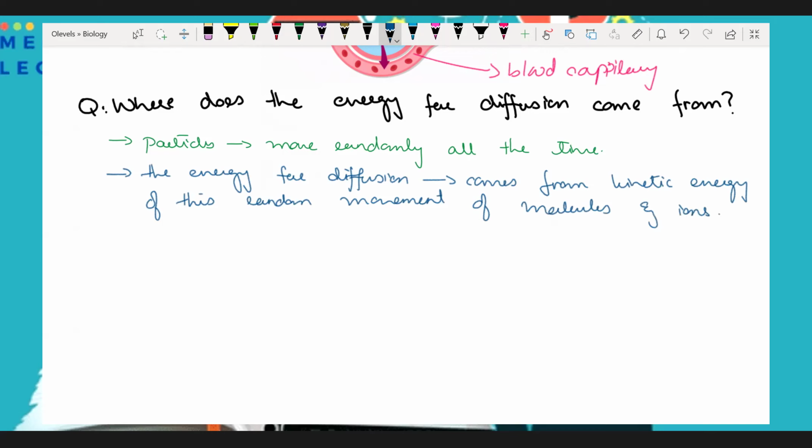We know that the particles are constantly moving randomly. So the energy for diffusion comes from the kinetic energy of that random movement of molecules and ions. That is how they can move from one place to another.